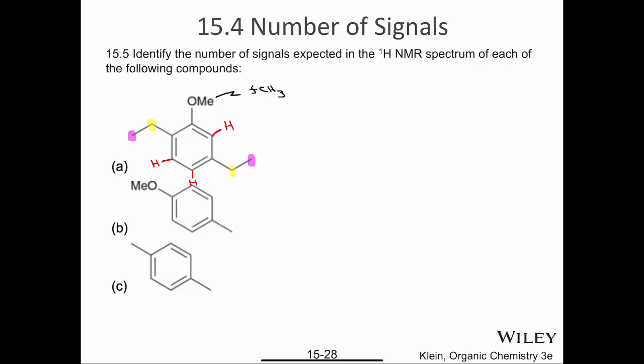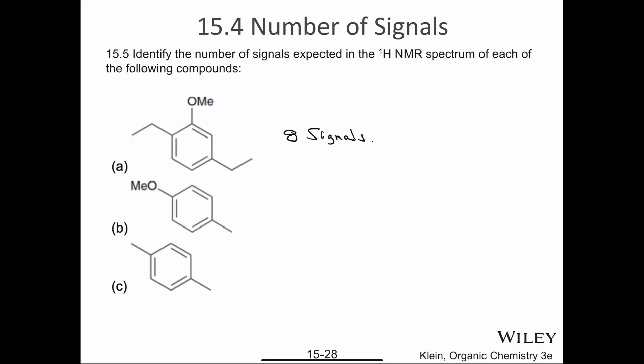Furthermore, the 6 protons that I've highlighted in red here on the aromatic ring, if I was to replace each one of these hydrogens with deuterium, you would see that you would get 3 different compounds. Therefore, the total number of signals would be 1, 2, 3, 4, 5, 6, 7, and 8. So I have a total of 8 signals in this molecule.